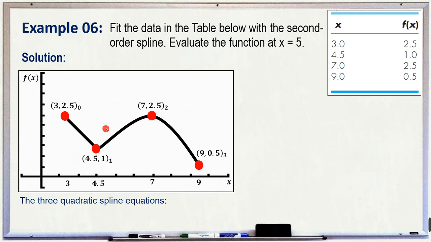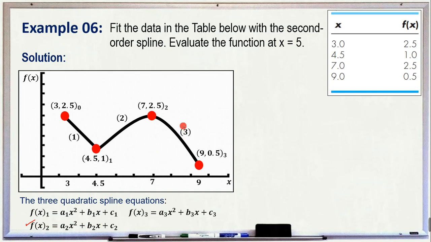So for the first interval, this will be our first quadratic spline equation of the form f of x1 is equal to a1 x squared plus b1x plus c1. And this is our second quadratic spline equation with the corresponding format of its equation. Then this is our last quadratic spline equation, and this will be its corresponding format. Now let's proceed to the first step.